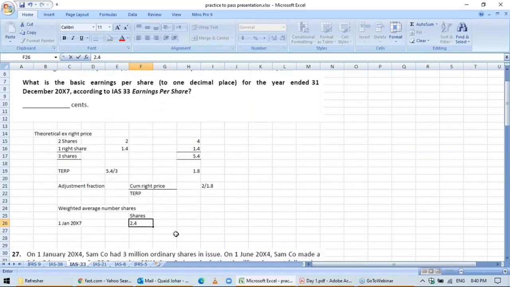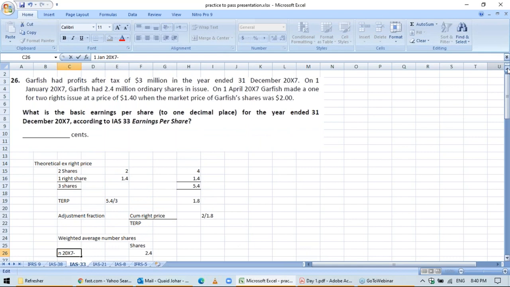And these shares were held by the company from 1st January till the right issue occurred. Now the right issue occurs on 1st of April, which means after 3 months the right issue occurs. So until 3 months the company was having 2.4 million shares.